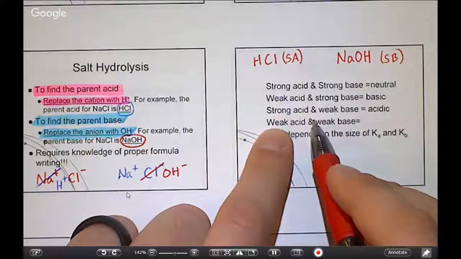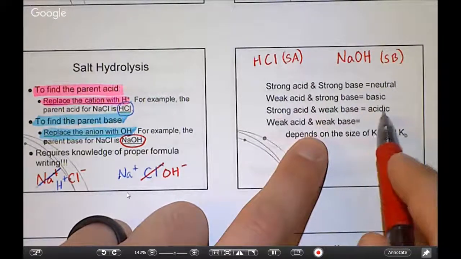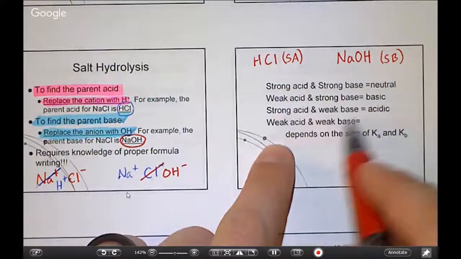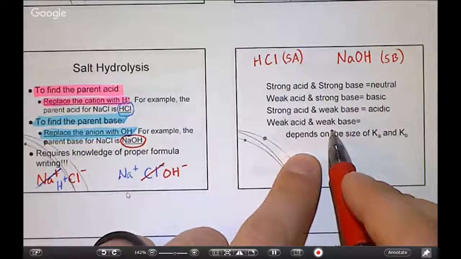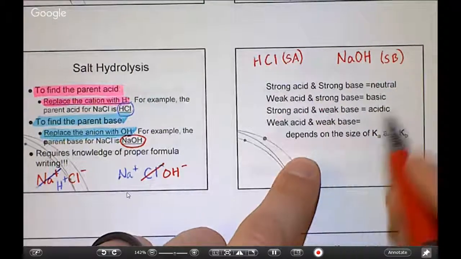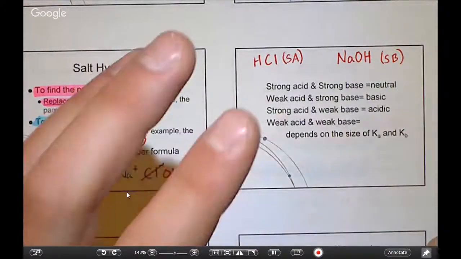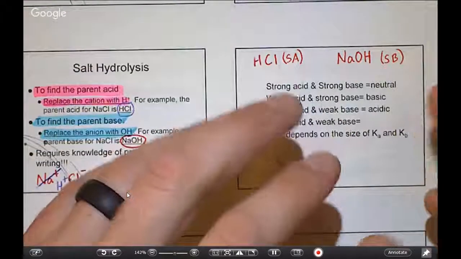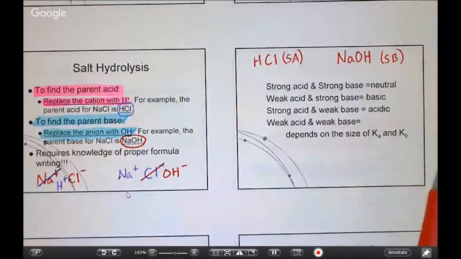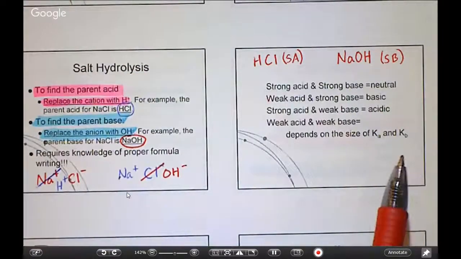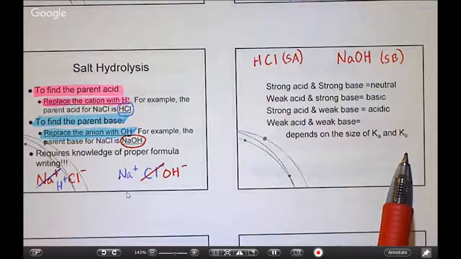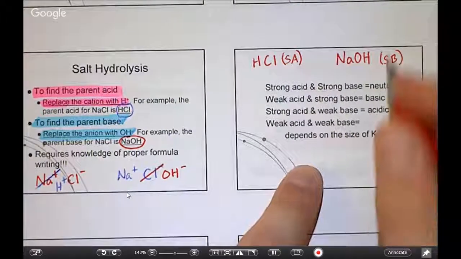If you're strong acid and weak base, then our salt is acidic. And if for some reason both the acid and the base are considered to be weak, it would depend on the size of the Ka and the Kb, which is the acid or base dissociation constant. It's an equilibrium constant of sorts. We're not going to worry about that. We would consider that to be an honors level.